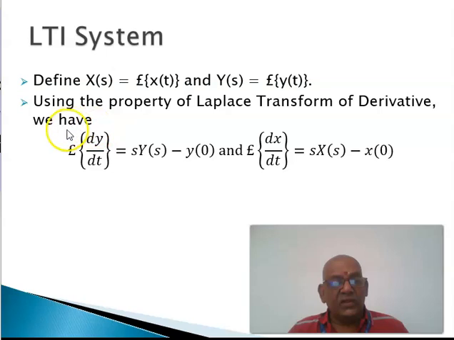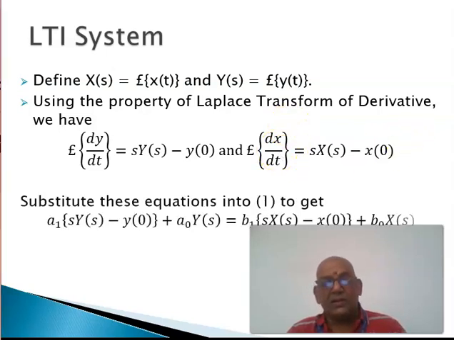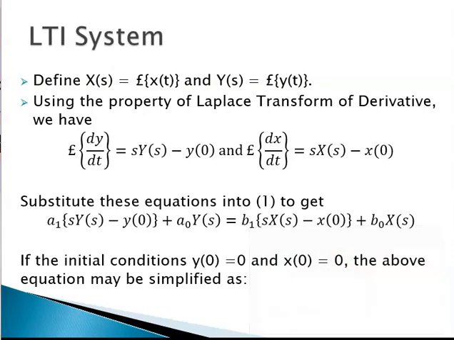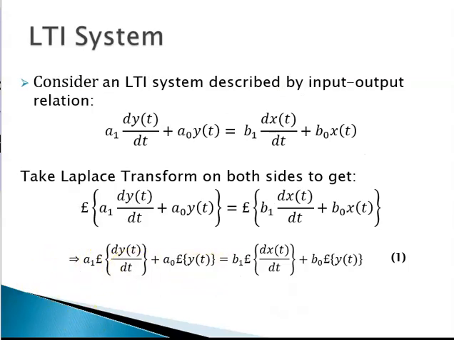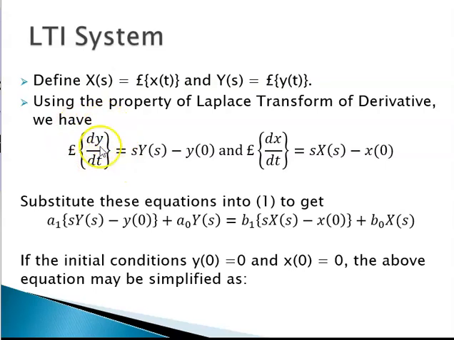We will use these values of Laplace transform of derivative here, and substitute them into equation 1. Let me quickly show you where is equation 1 in the previous slide. This is equation 1. If you substitute these values into equation 1, you get A1 times sY(s) minus y0.